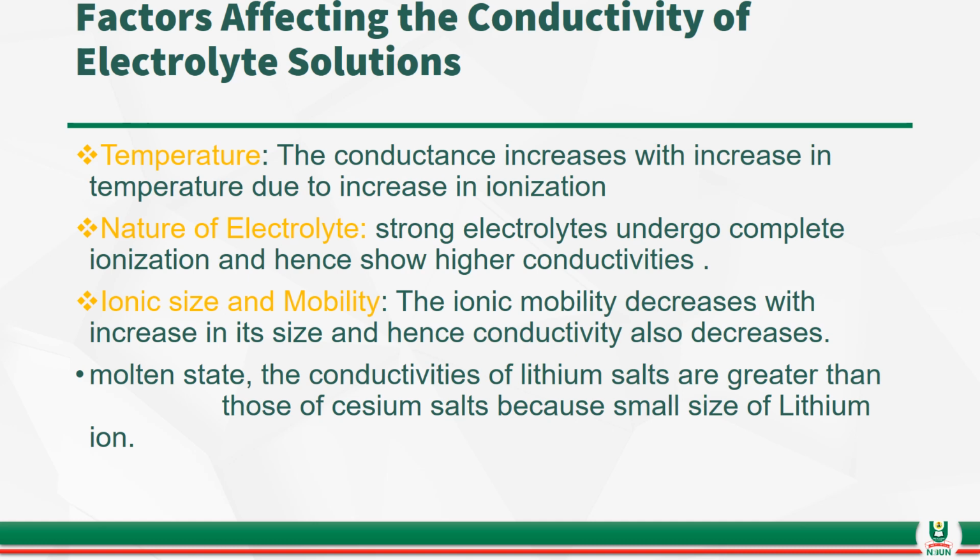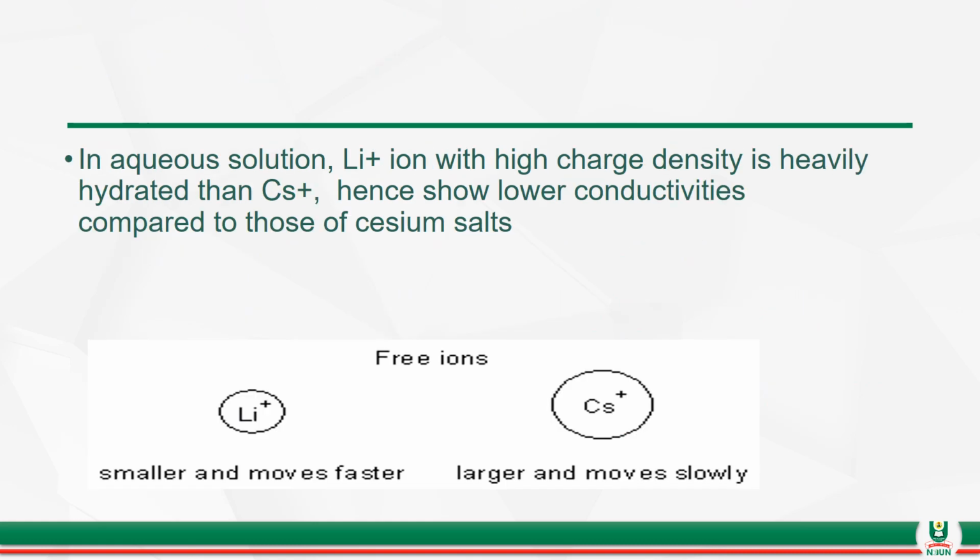In molten states, the conductivities of lithium salts are greater than those of cesium salts because of the small size of lithium ion. In aqueous solution, lithium ions with high charge density are heavily hydrated compared to cesium ion, hence show lower conductivities compared to those of cesium salt.